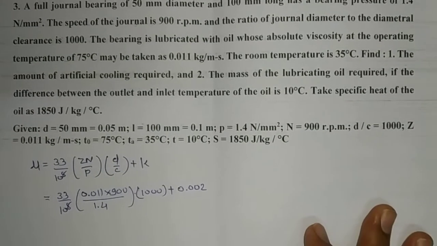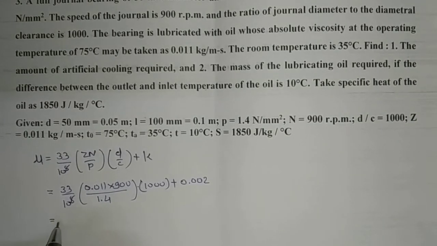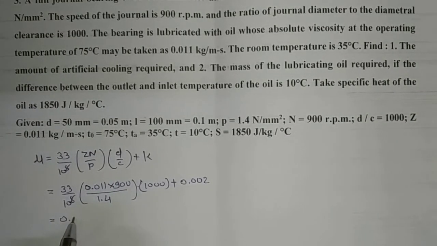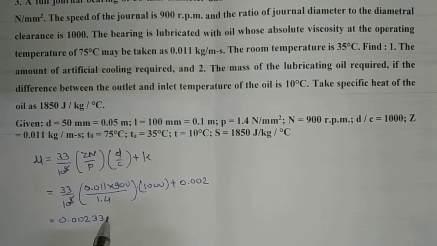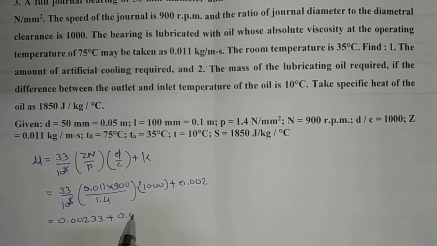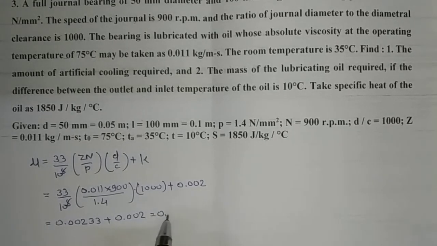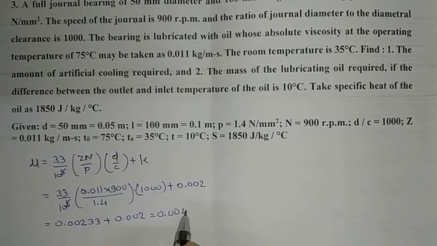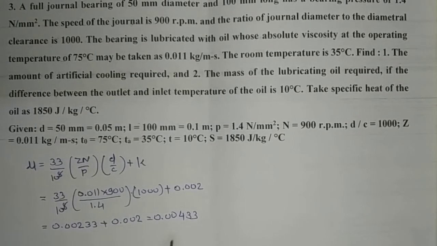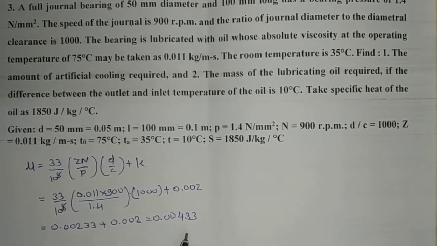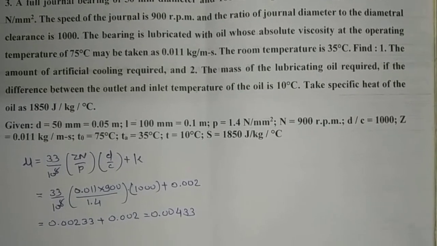So now from that we can say the value is equal to 0.00233 plus 0.002, which is equal to 0.00433. Coefficient of friction mu is equal to 0.00433.